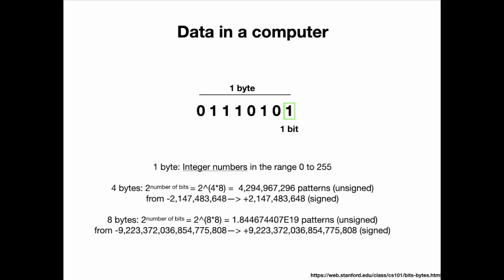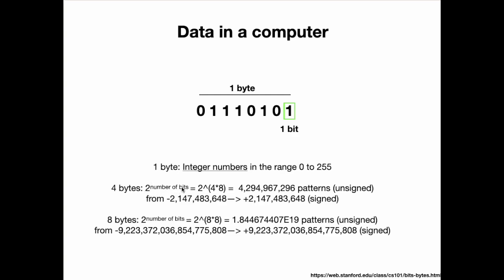Now, let's think about different ways to encode an integer number. So remember, if you represent the integer number with 1 byte, you will have a variation from 0 to 255. Now, if we would like to represent our integer number with not 1 byte but 4 bytes, let's compute the number of patterns we can have.